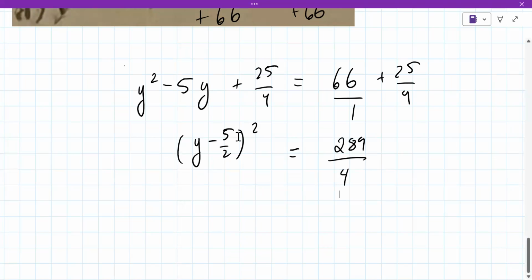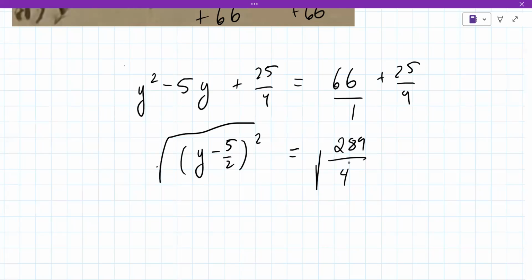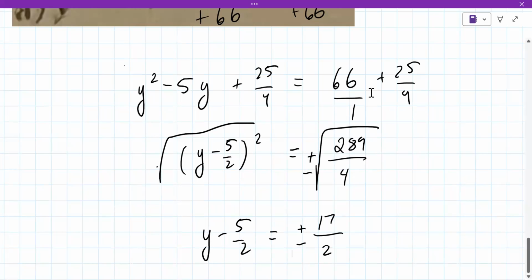Now, it's almost always the case, I don't think there are any exceptions, that you can take the square root of at least the bottom part of the right side. This one actually works out nicely where you can take the square root of both the top and the bottom. 17. So then y equals 5/2 plus or minus 17 over 2.